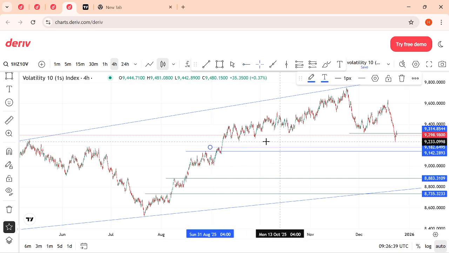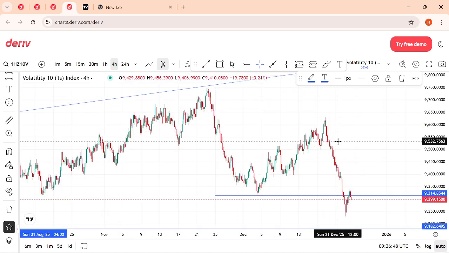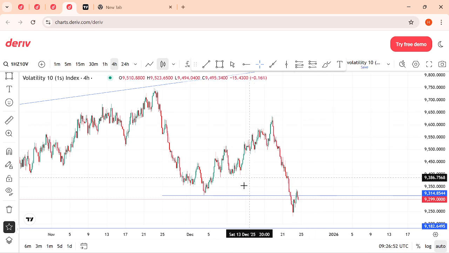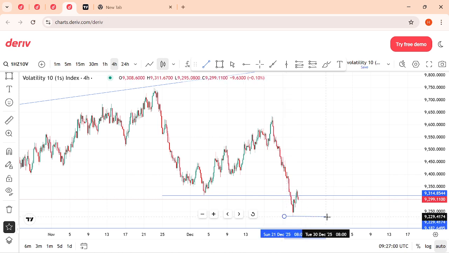We could mark other ones above, but we will not need that because price is already at this point. Clearly I can see that price has broken and made a retest, so I put out the expectation for price to hit here as TP.